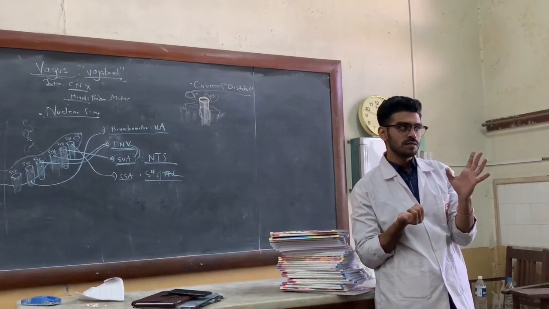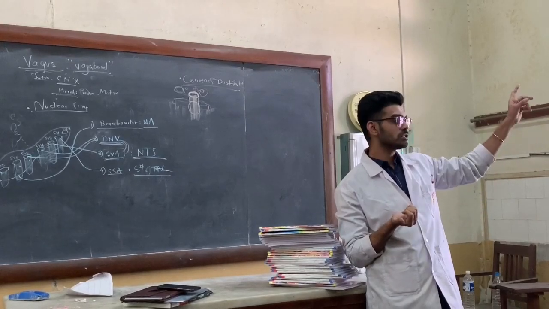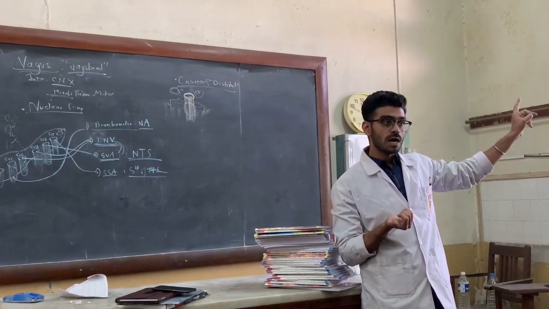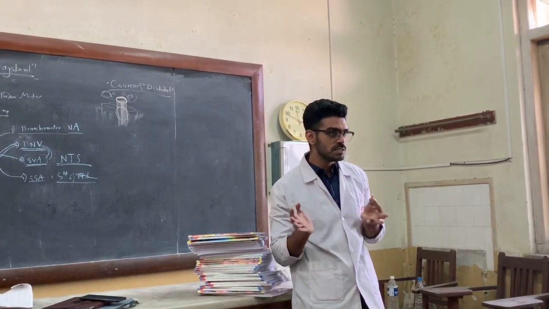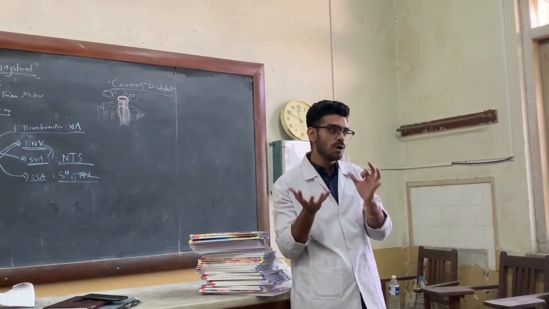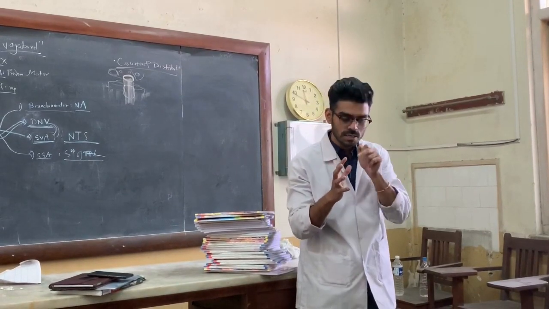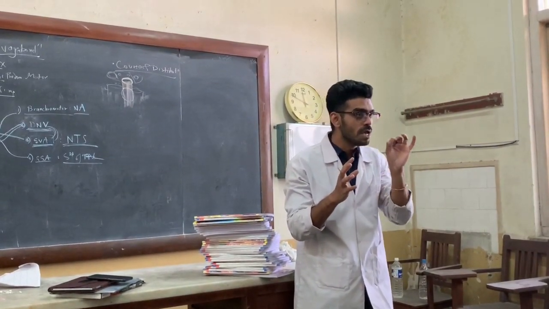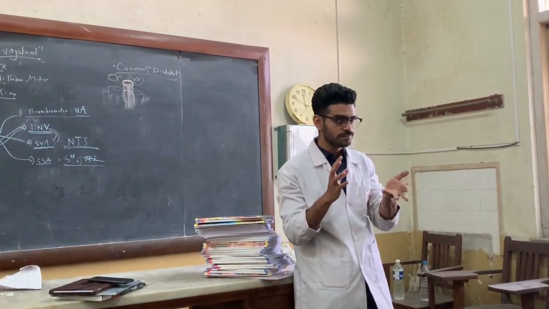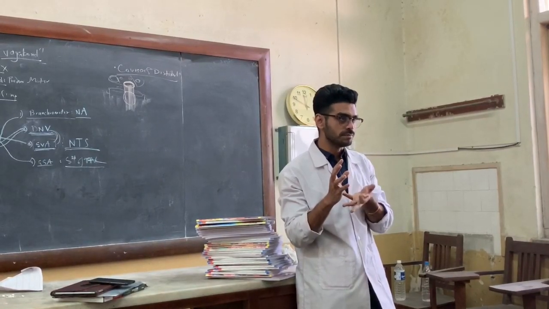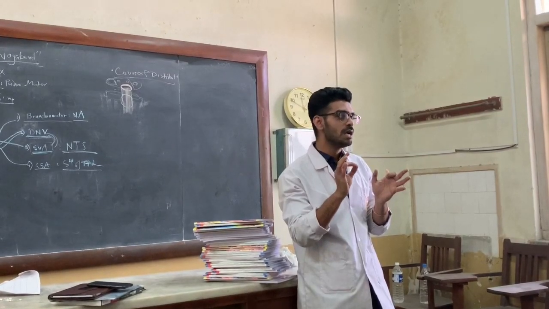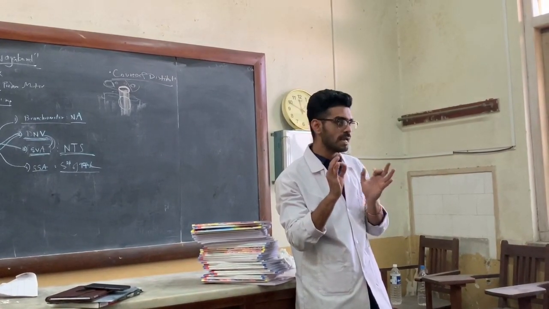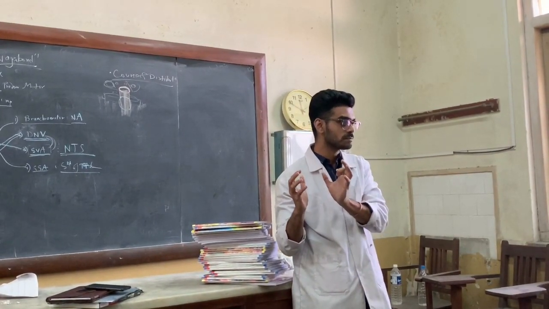So everybody knows that if there is a collection of nerve cell bodies outside the central nervous system, that's a ganglion, which means that it's just a little oblong thing inside which you have the cell bodies of the neurons that are inside the vagus nerve. Remember this: it is the sensory neurons that have a ganglion.